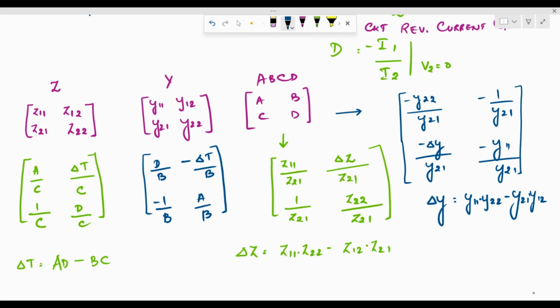So these are the relationships that exist between the Z parameters, the Y parameters, and the transmission or ABCD parameters.